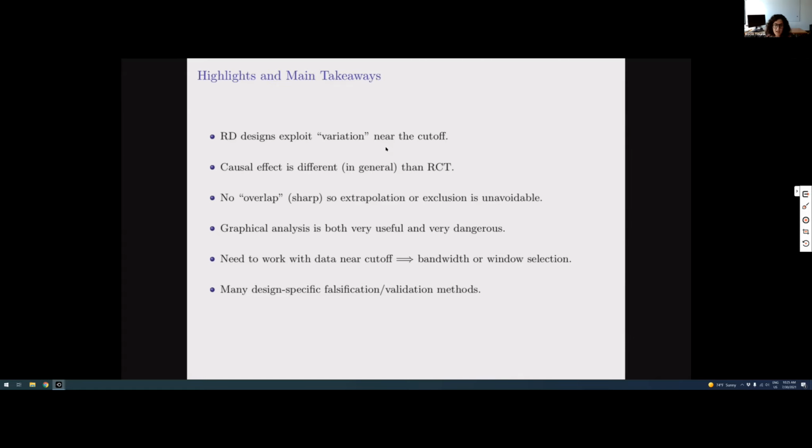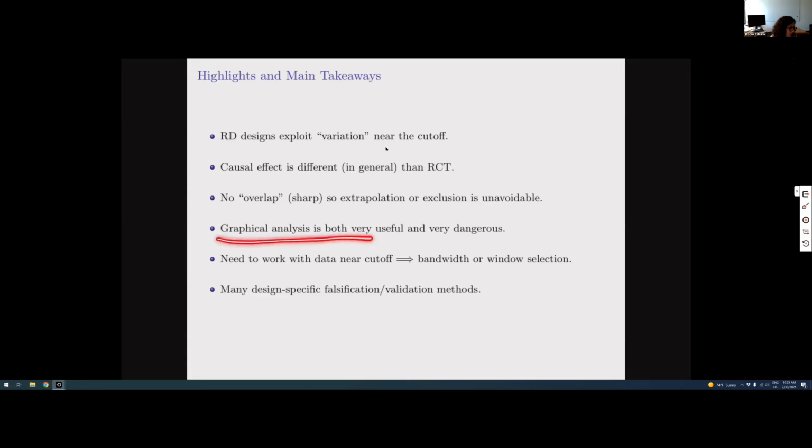Typically RD designs are based on covariates that are very important, and I'll give you an example very soon. This lack of common support implies that treated and control units are going to be different by construction. So we're going to localize and go close to the cutoff to try to regain comparability of some sort.